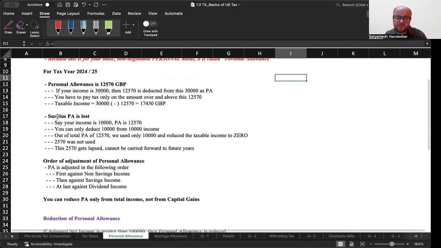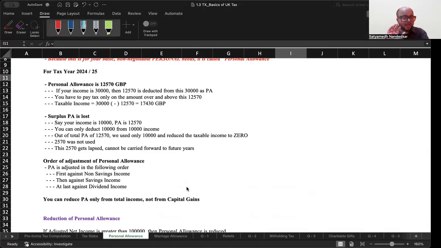Surplus PA is lost. Say your total income is 10,000 and your personal allowance is 12,570. From 10,000, you cannot subtract 12,570, because it will create a negative number. So out of your total 12,570 personal allowance, you utilize 10,000 and reduce the taxable income to zero. 2,570 was not used. This has lapsed. It does not get carried forward to the next year.